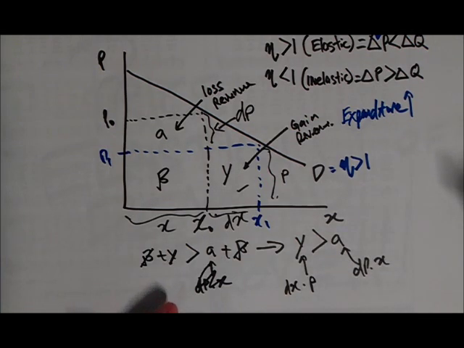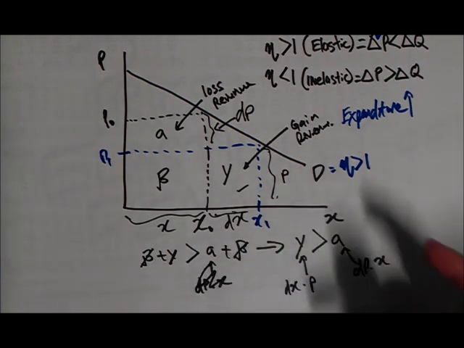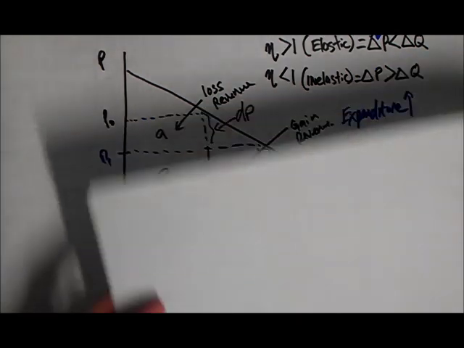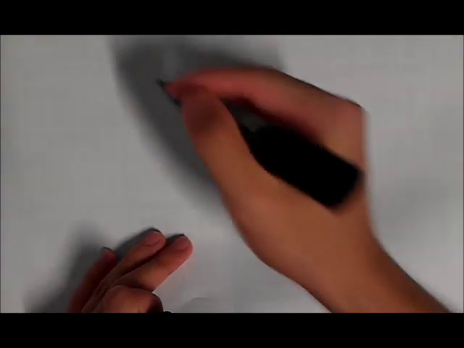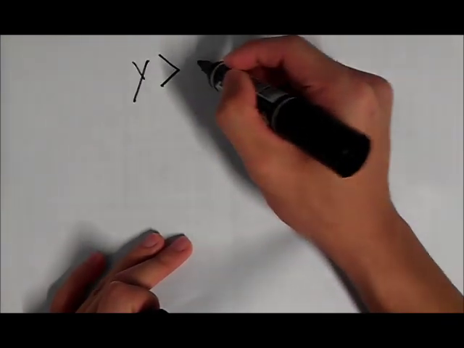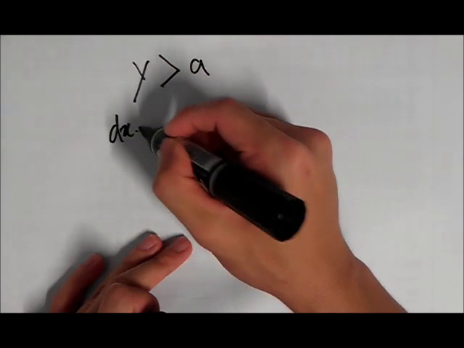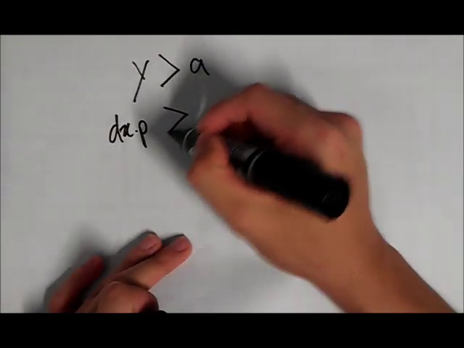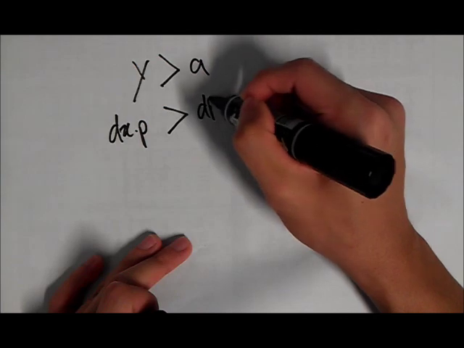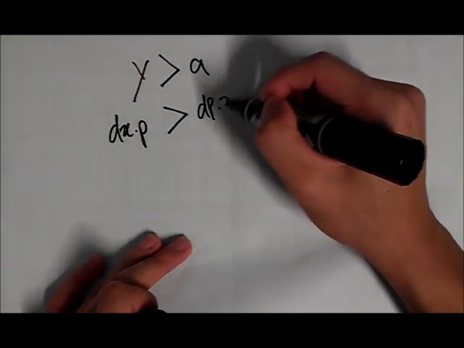Let me tidy this up for you. We want to prove this, and we know that this is dx multiplied by p, and this is dp multiplied by x.